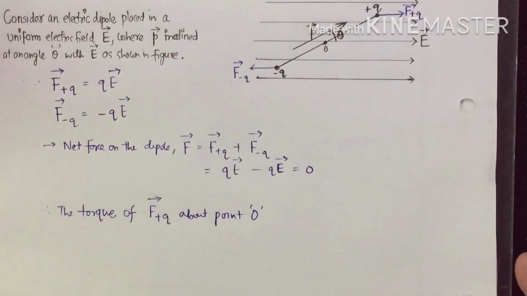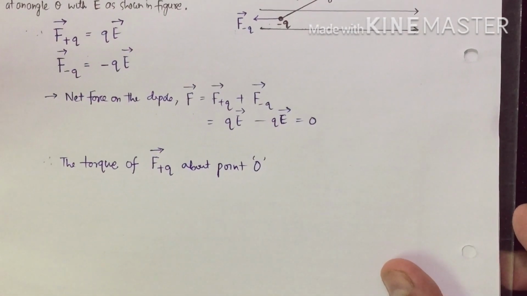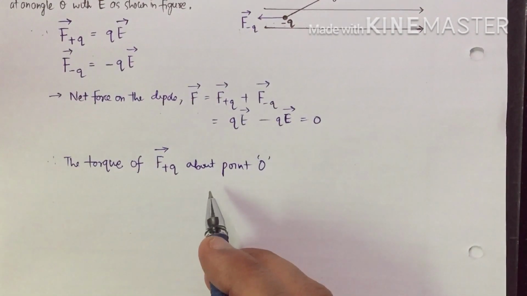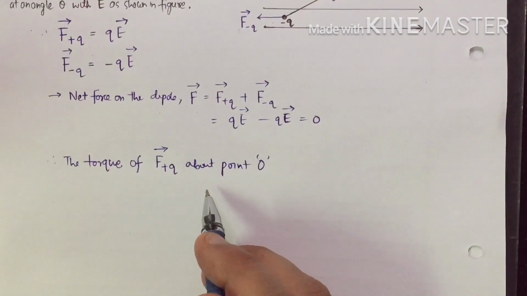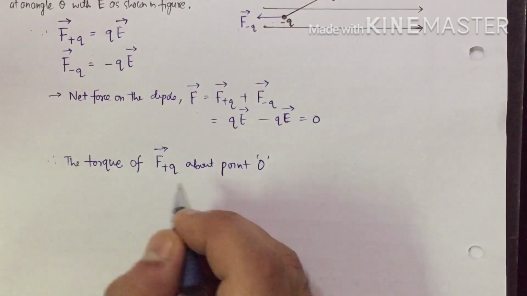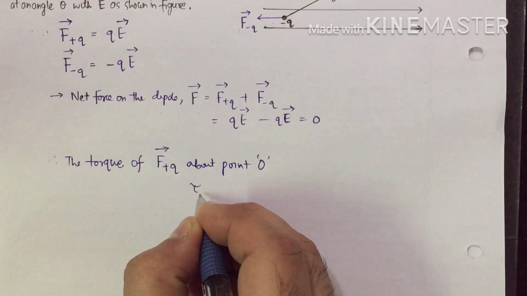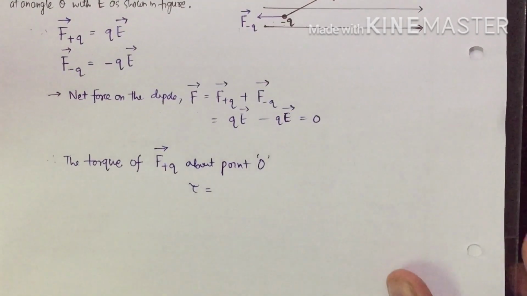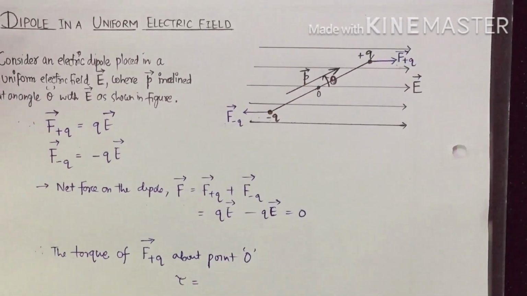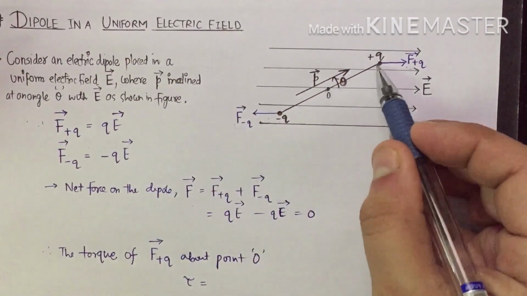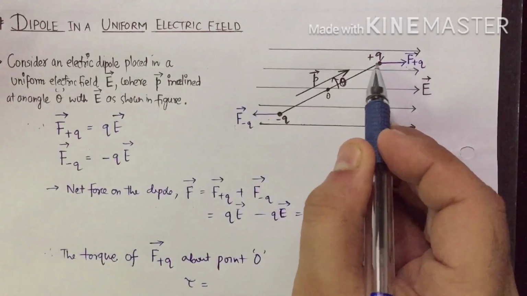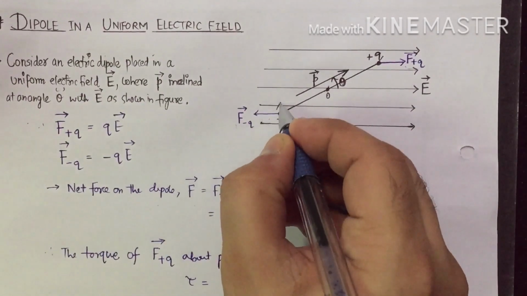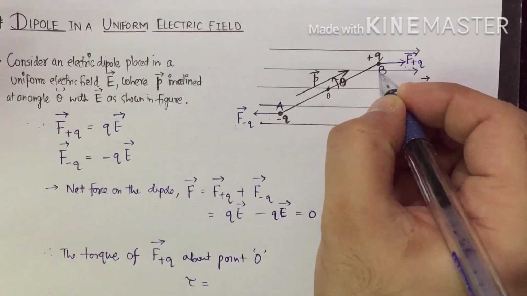So from the definition of torque, we know torque tau is given as R cross F. So what is R in this case? This is your R vector and this is your force about this point O. So let us take this point to be A. Let us take this point to be O.